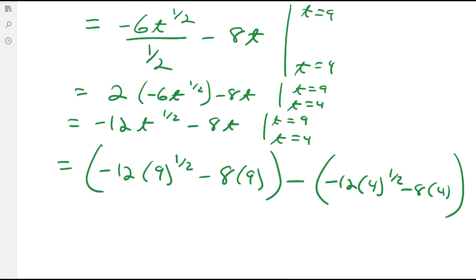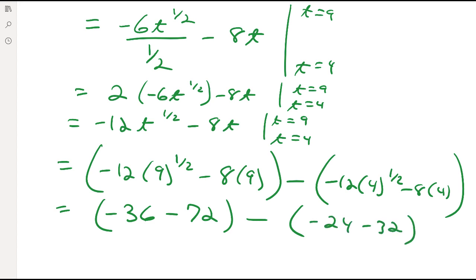Okay. 1/2 power is the square root, so the square root of 9 is 3. 3 times a negative 12 is a negative 36, minus 72, minus 4 to the 1/2 is 2. 2 times a negative 12 is a negative 24, minus 32.